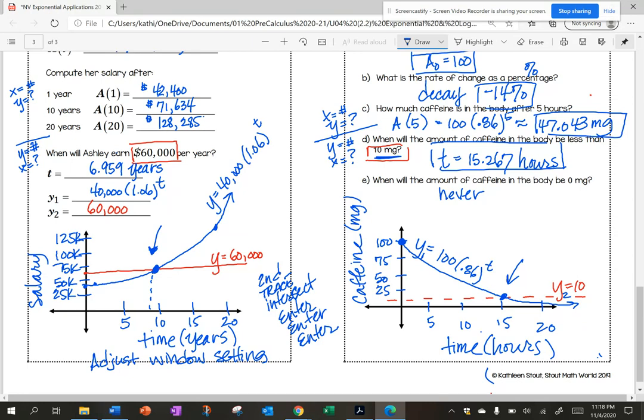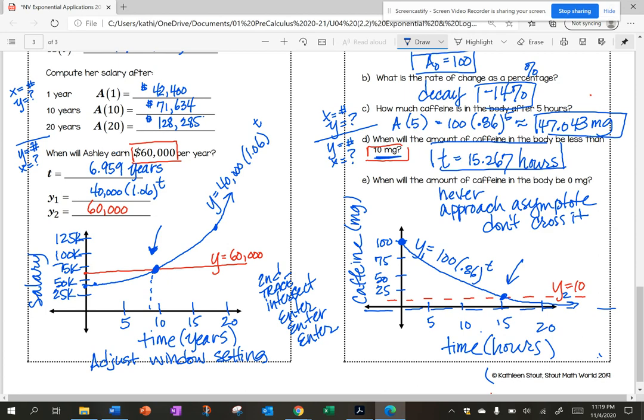And the reason is I have an asymptote here. So I approach the asymptote, but I don't ever actually cross it. So I keep decreasing, decreasing, decreasing. I'll have an insignificant amount, but I never actually have 0.